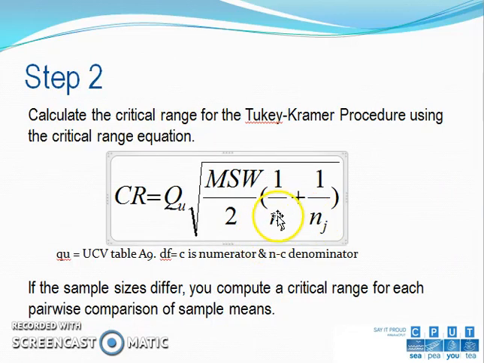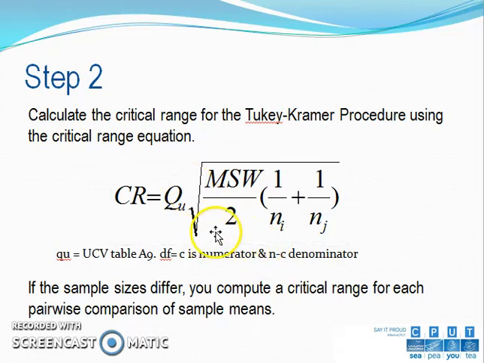But when I compare group 1 to group 3, that would be 4 and 2. When I compare group 1 to group 4, that would be 4 and 3. And so you've got to do that for each pairwise comparison that you do, which is why I called it fun. You calculate a different critical value for each pair.